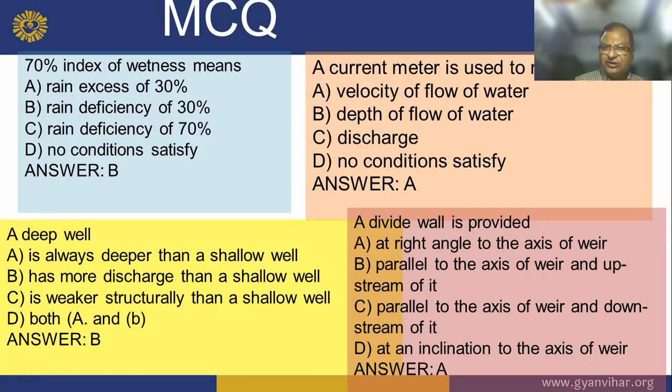And last question. A divide wall is provided for which is correct? So correct answer is A, at right angle to the axis of weir.